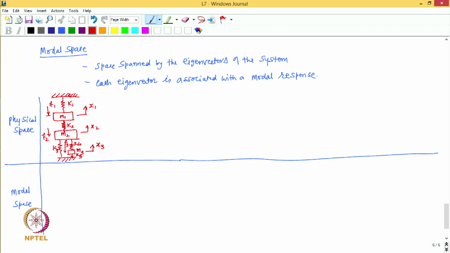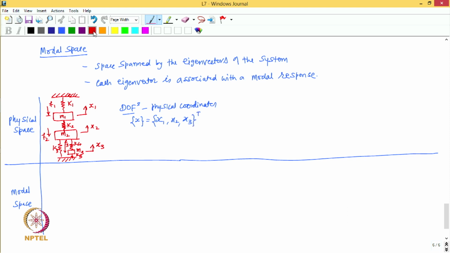Therefore, this system is in physical space, or the space spanned by the displacements x1, x2, x3. So, the DOFs are the physical coordinates, which are x1, x2 and x3. Maybe I can represent it by vector x transpose of this. So, these are the physical coordinates.